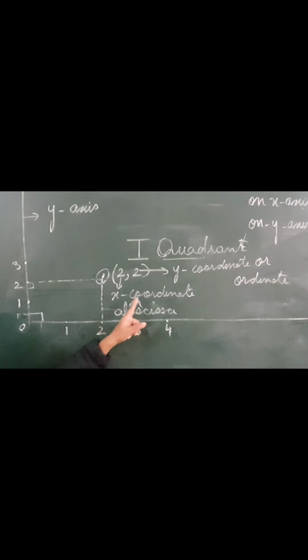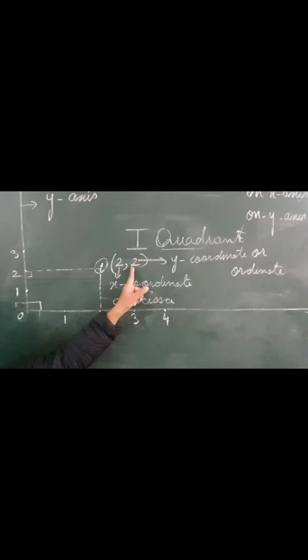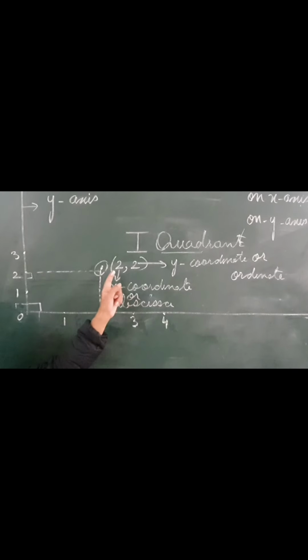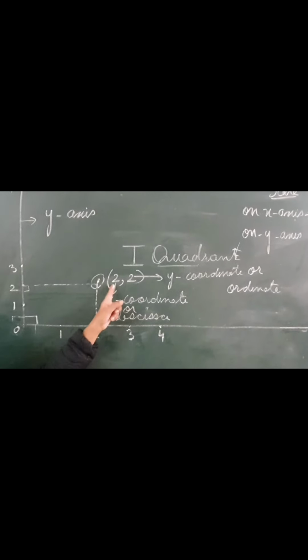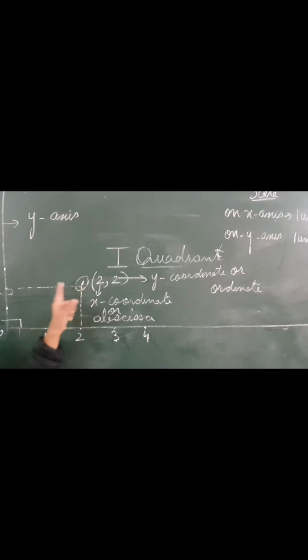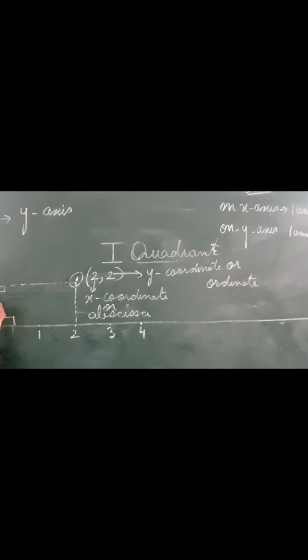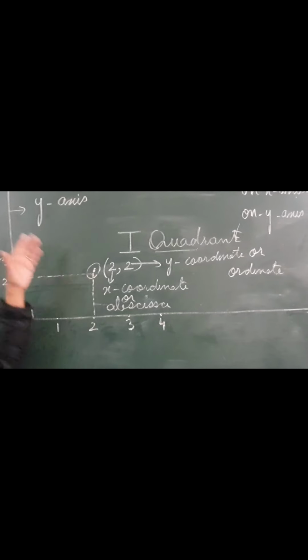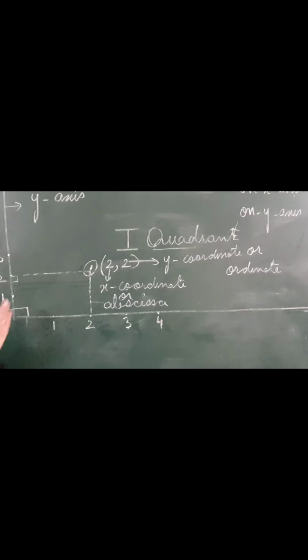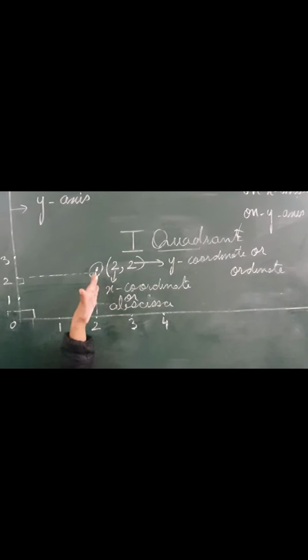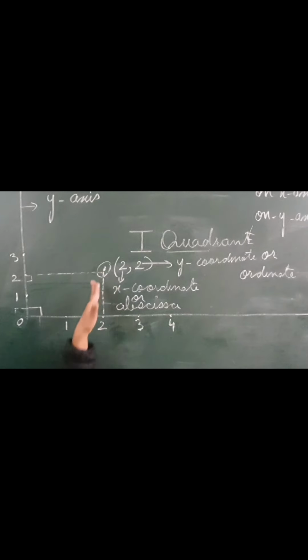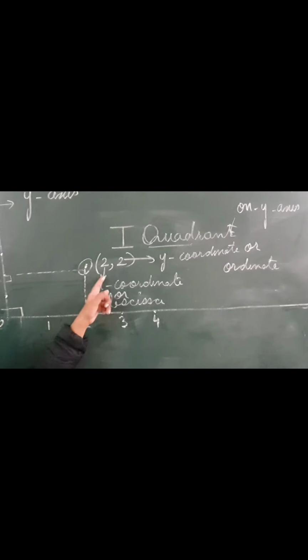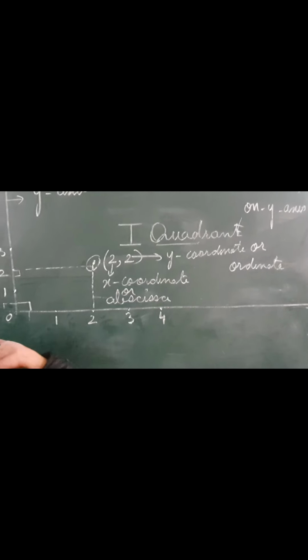The first one is called the x coordinate and the second one is called the y coordinate. The x coordinate tells us the distance of this point from the y-axis, and the y coordinate tells us the distance of this point from the x-axis. x, y, x. So you have to remember it like this. And this is called abscissa and this is called ordinate.